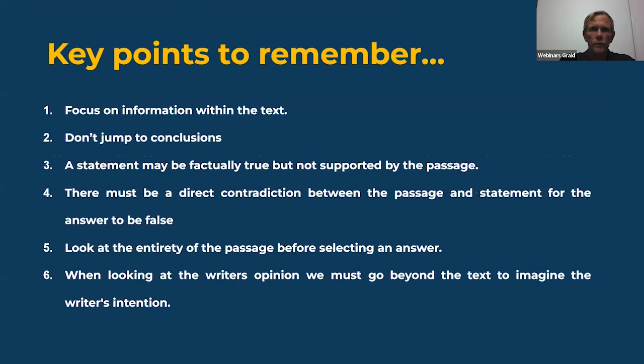Okay, let's consider finally, in summing up, what are the key points that we wish to remember in these true, false, and not given questions? So we must start, very importantly, to focus on information within the text.